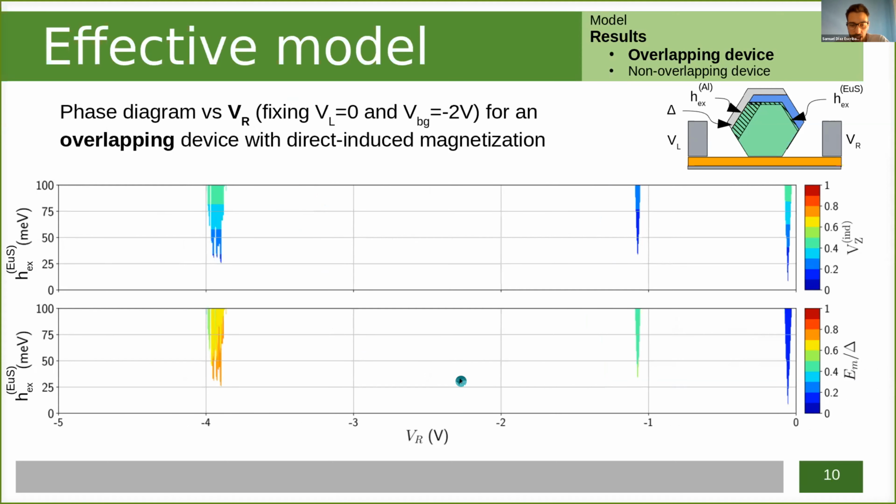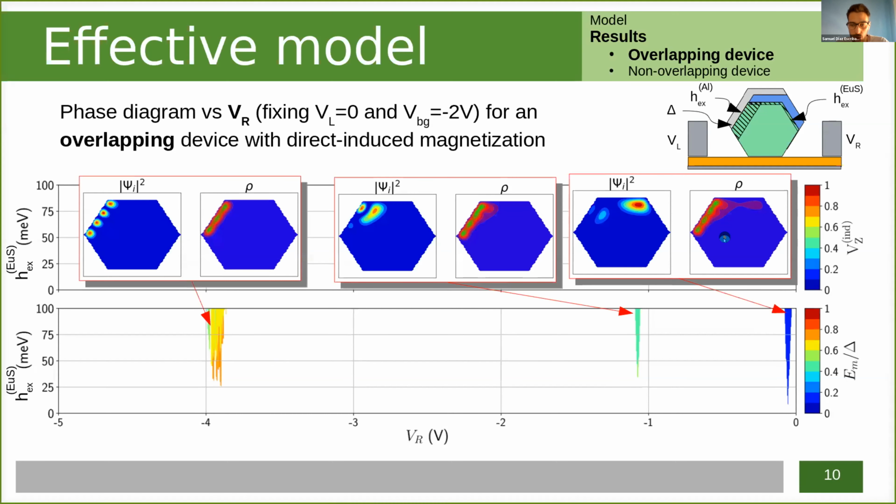We can compute the same simulations as before, but versus the right side gate here. We also see different topological regions. And as one increases the right side gate, the mini gap decreases. But the induced Zeeman field remains almost constant.